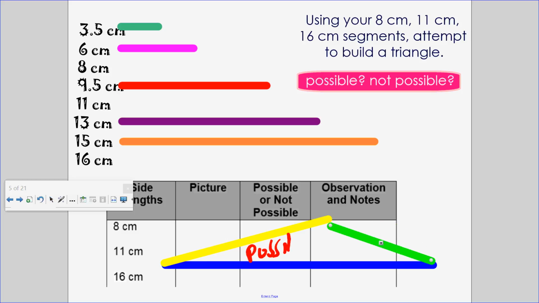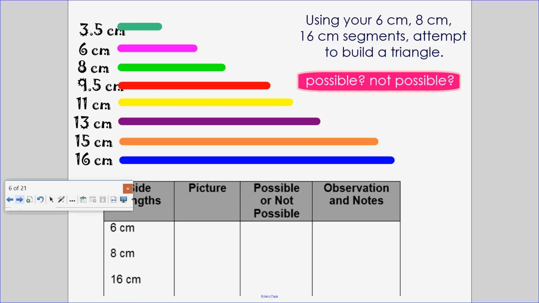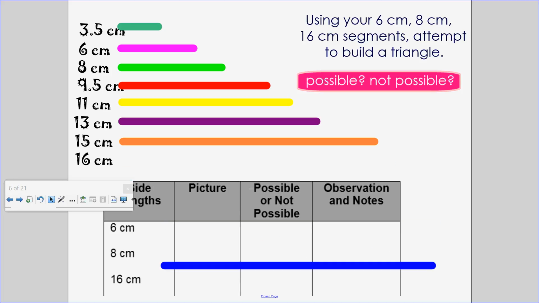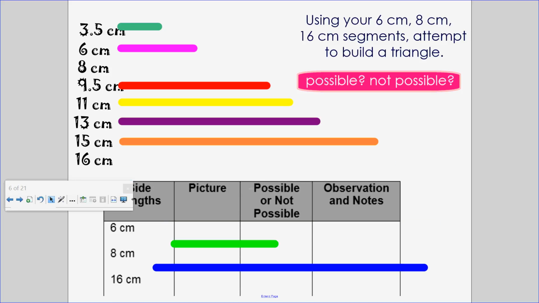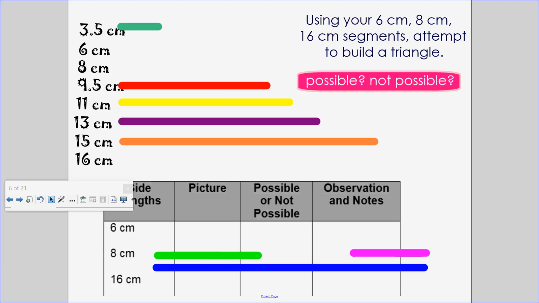Possible. Next one, you're given lengths 16, 8, and 6. Well, definitely not possible. Not long enough.